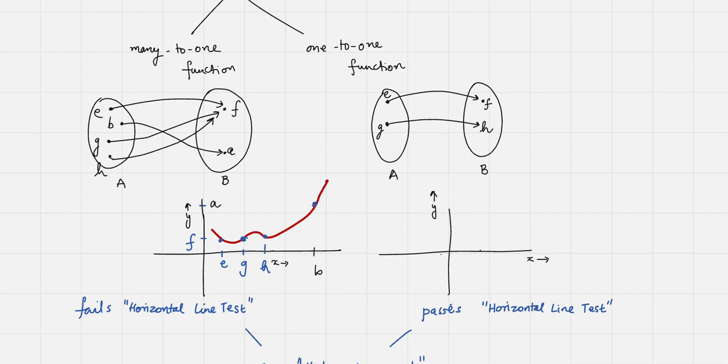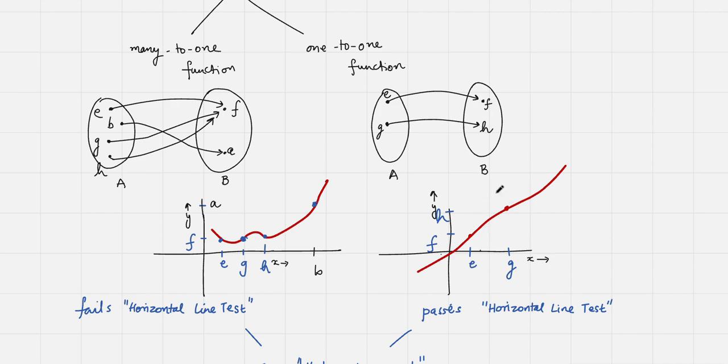Whereas in a one-to-one function, E is mapping to F, G is mapping to G, and G is mapping to H. So a one-to-one function is like this.